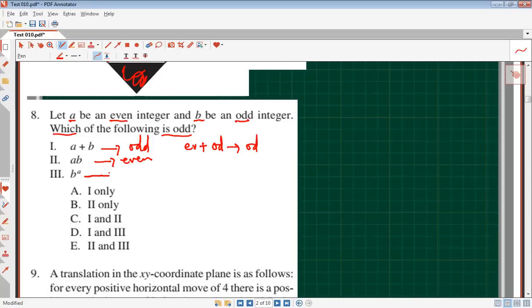B raised to the power of A: we take A equal to number 2 and B equal to number 3. Then number 3 raised to the power of 2, 3 squared, will be equal to number 9. It is also odd. Then this one is okay. This one is okay. Option D.